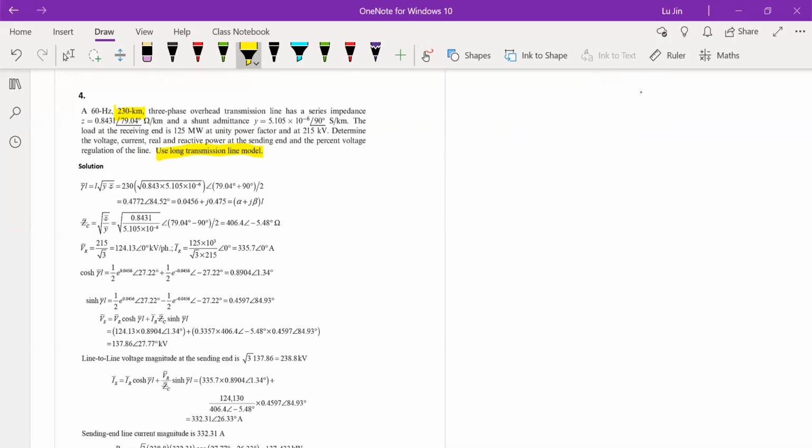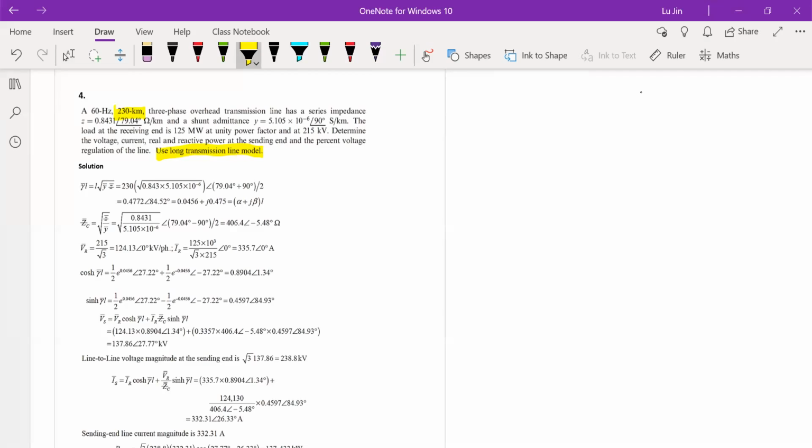This is the unit admittance. The load at the receiving end is 125 megawatts at unity power factor and at 215 kilovolts. Determine the voltage, current, real and reactive power at the sending end and the percentage voltage regulation of the line. Okay, these are all the questions.